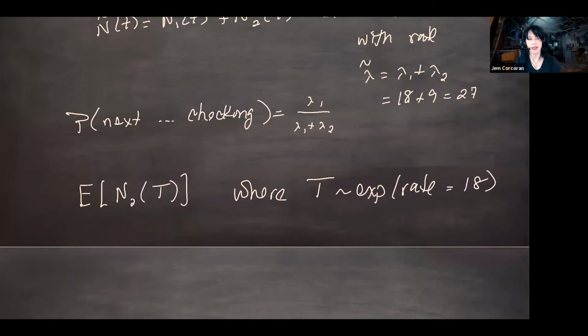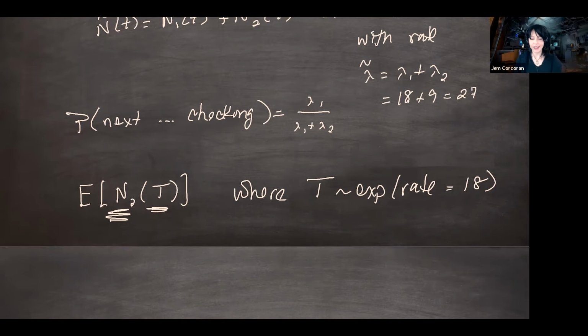So it's the next time to a checking account transaction, and you want the expected number of savings account transactions in the time it takes for one checking account transaction to occur. So you can condition on the value of T and do it that way. And like I said, some of you have some pretty good common sense arguments for what you think it is. And as long as you put some explanation around it, I'll take it.